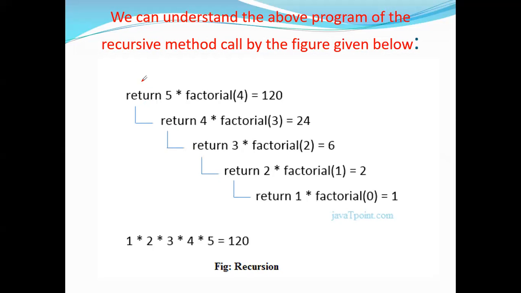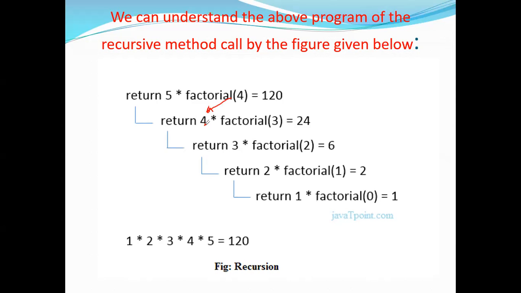The definition is return n into fact of n minus 1. That means n is 5, then factorial of n minus 1, n minus 1 is 4. Then in this factorial itself, you are calling again with n minus 1 as 4. I have called back to fact 4.